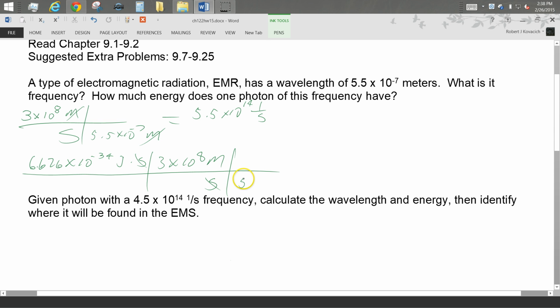And then I'm going to use my 5.5 times 10 to the negative 7th meters to get rid of the meter unit. And then the unit I have left is joules. Times 6.626 e negative 34. And I get 3.4 times 10 to the negative 19th joules.